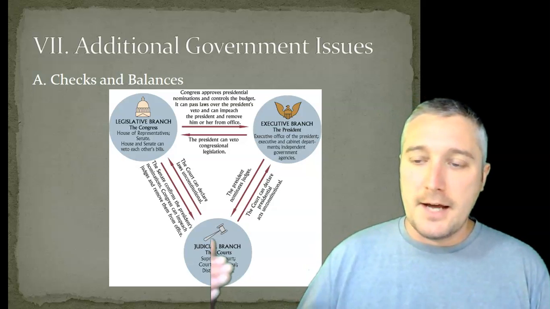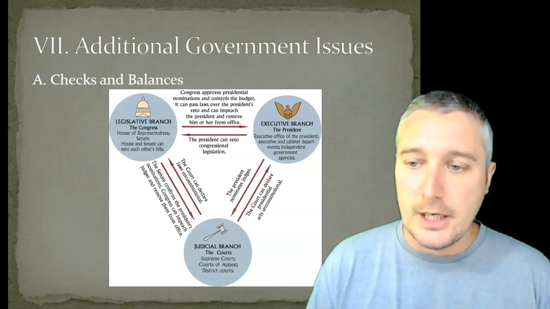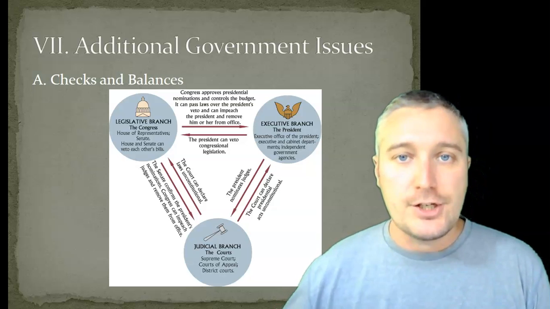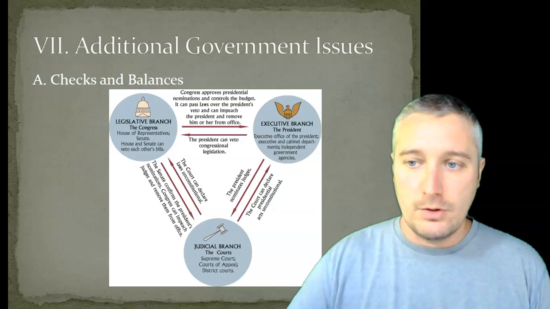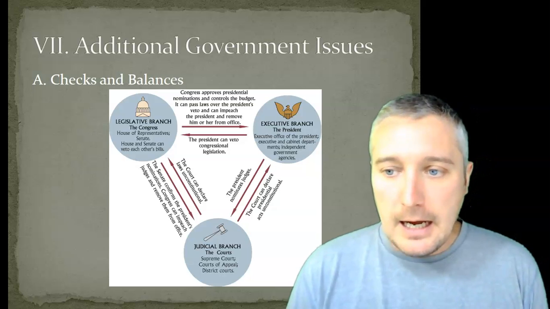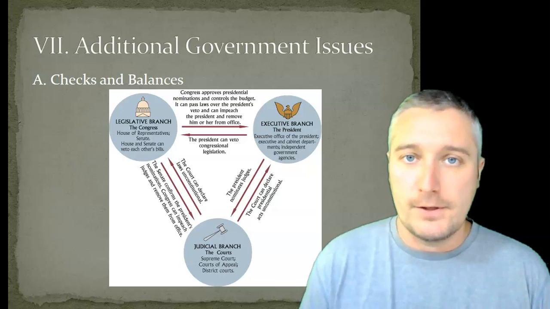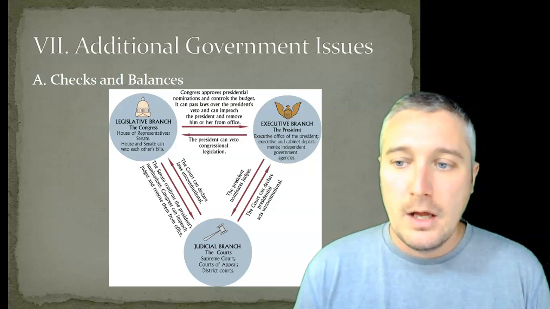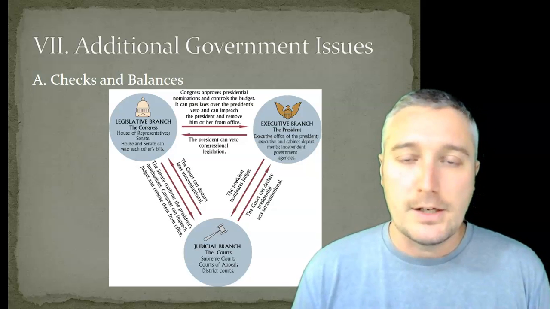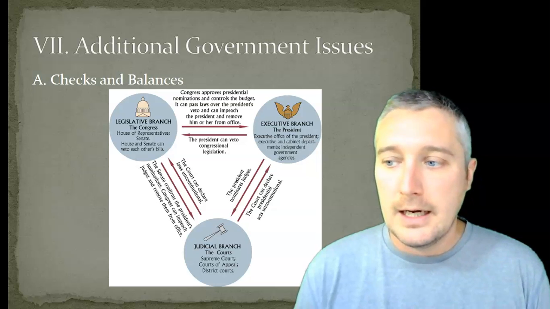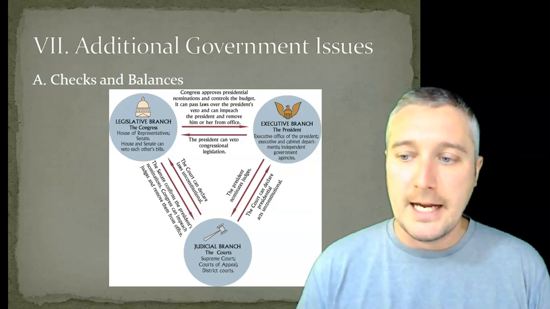For the check from the legislative to the judicial, the Senate has to confirm the president's choice of federal judges. So again, kind of a check on both there, and can remove them from office. We talked in our last episode about how Congress can impeach judges as well, even though those are lifelong positions. If somebody does something either illegal or not in line with that role, they can impeach them.